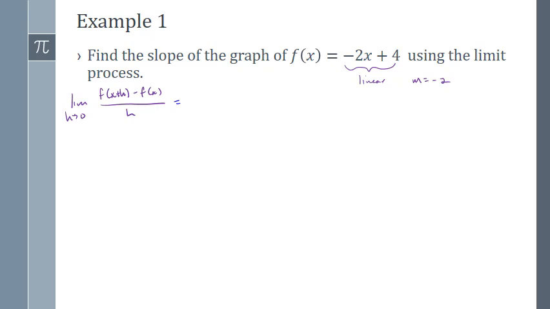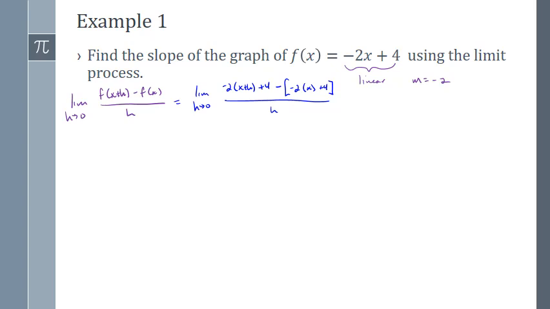So what that means is we have the limit as h goes to 0 of, well, f of x plus h, I'm going to plug in x plus h for my variable, so it's negative 2 times x plus h plus 4 minus negative 2 times x plus 4 all over h.